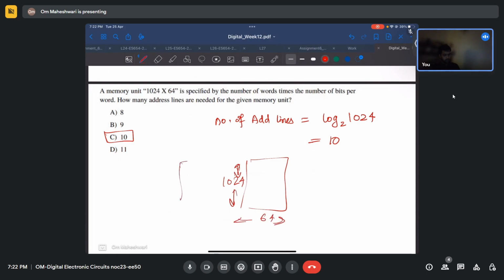Here you need a decoder that has 10 inputs and 1024 outputs to access each row. Then you can feed 64-bit data at a time in each row.